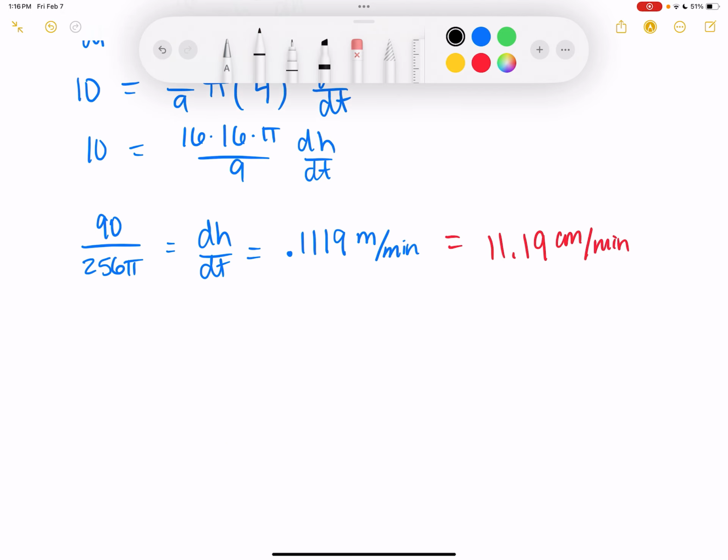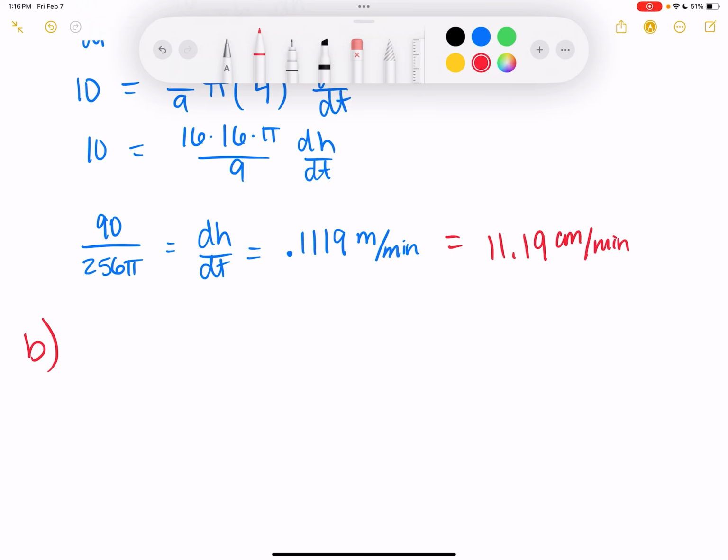Part B then is solving for the change in radius, so dr dt. So here we go again. I already know dV dt.